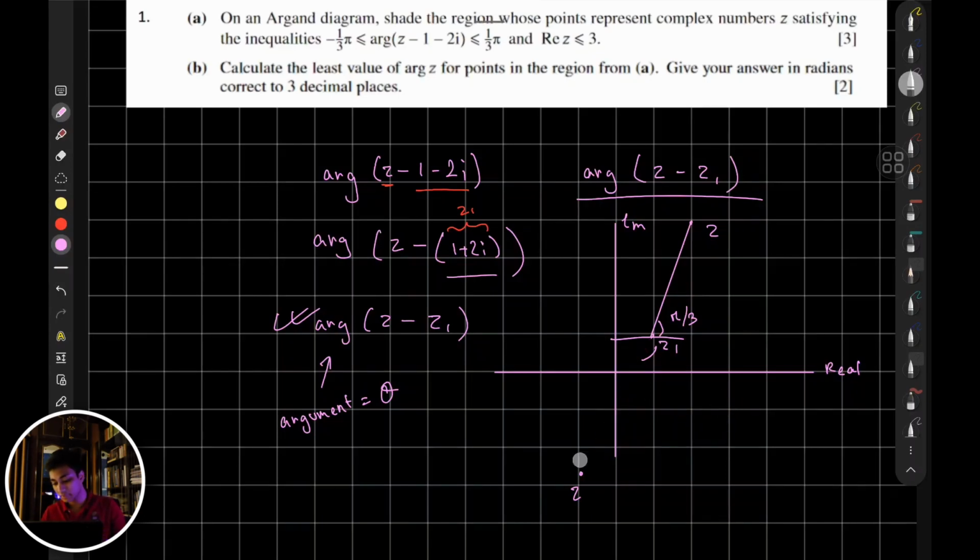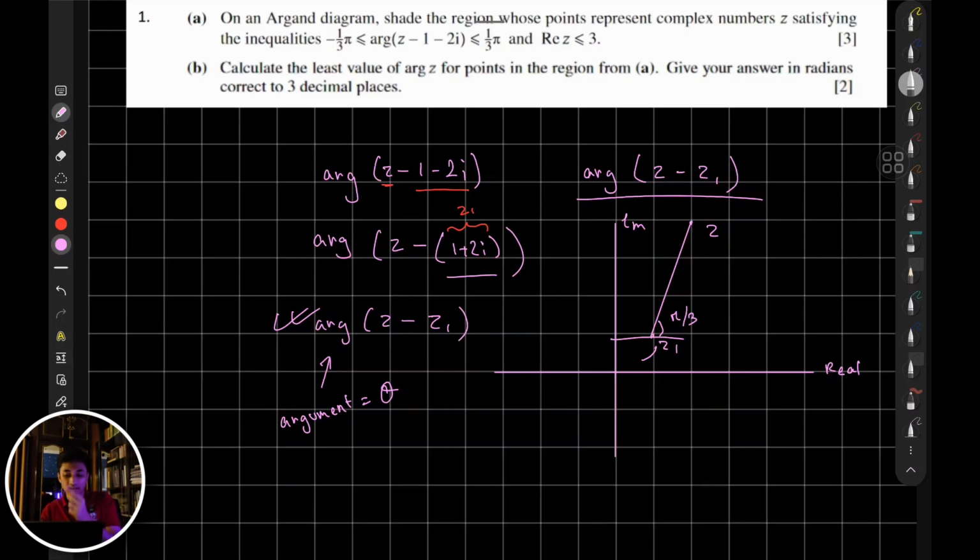Why? Because they call it argument to tell you at what position this complex number could be. They're just trying to define the theta, or the angle, at which this complex number could be.